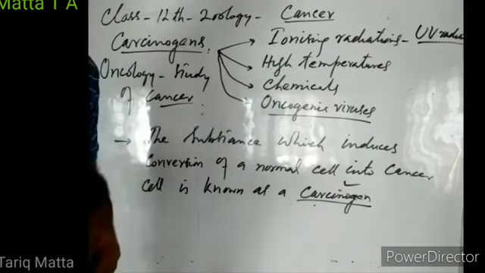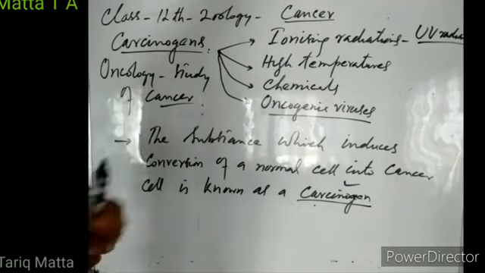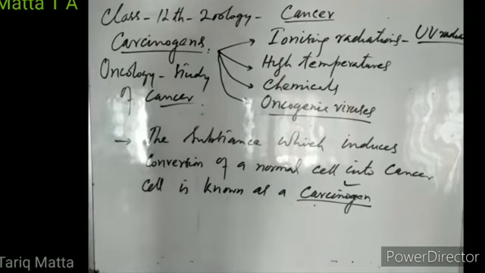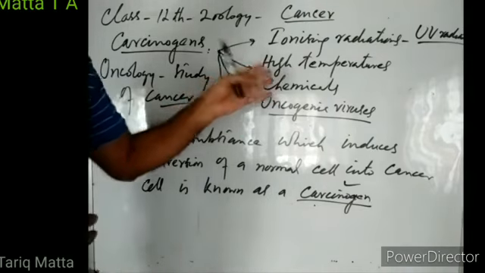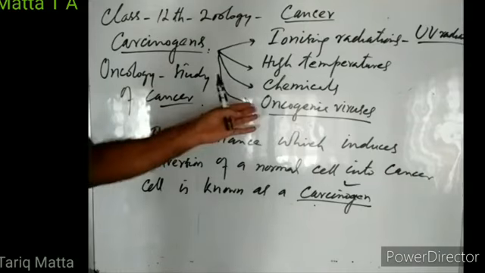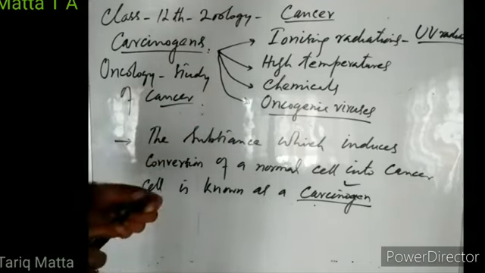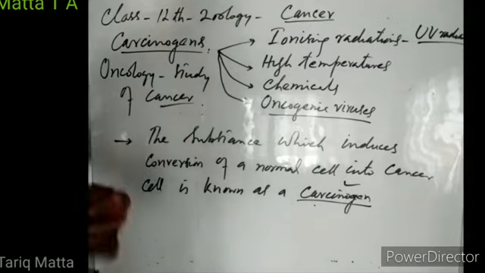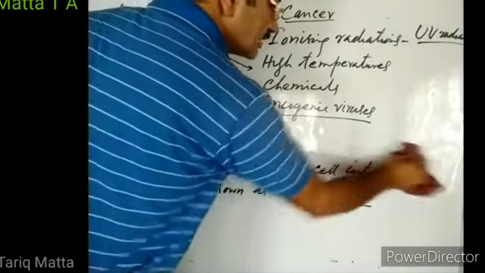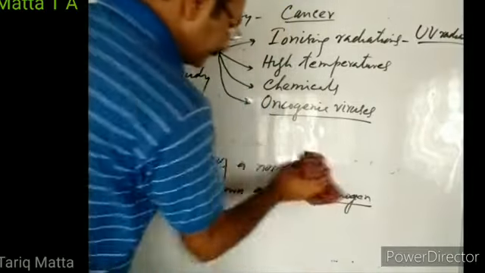Similarly, high temperatures may also cause cancers. There are various chemicals which have been proved to be carcinogenic. They may also cause cancers. Similarly, there are a group of viruses which are also cancer causing, right? So these substances serve as carcinogens.